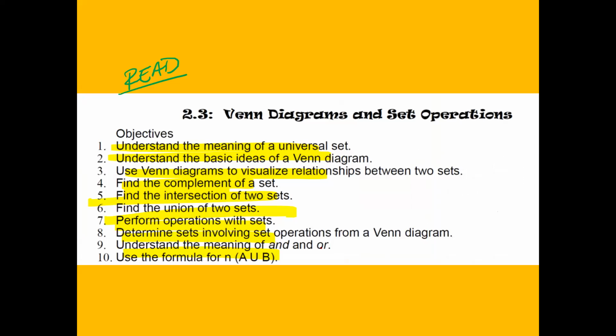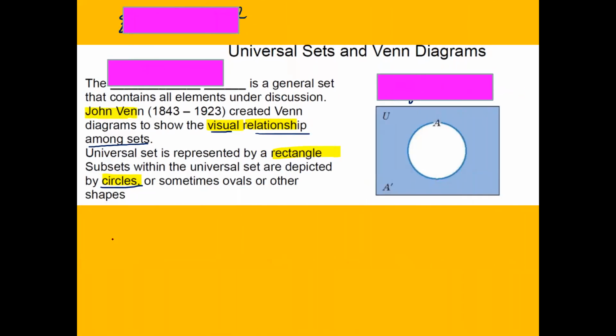All right, so let's go ahead and get started with 2.3, Venn diagrams, set operations. And here are your objectives. Okay, universal sets and Venn diagrams. The universal set is a general set that contains all elements under discussion. John Venn was the guy that created the Venn diagram to show visual relationships among sets.